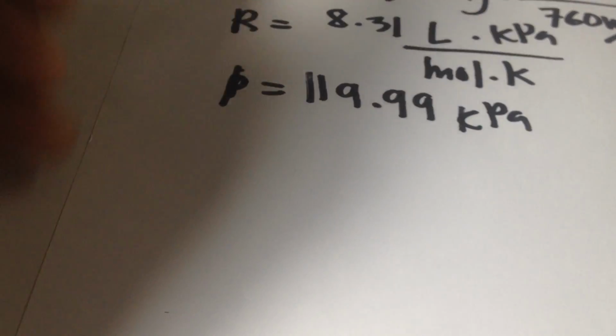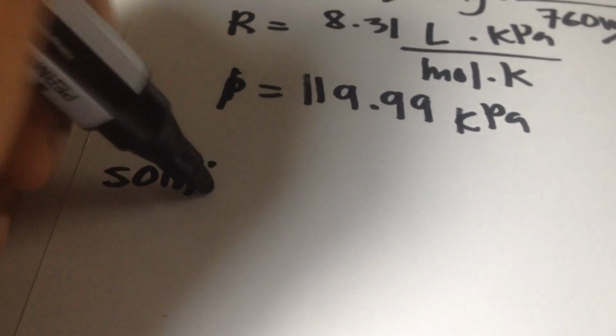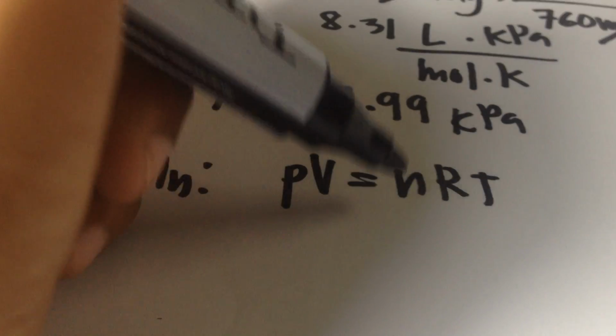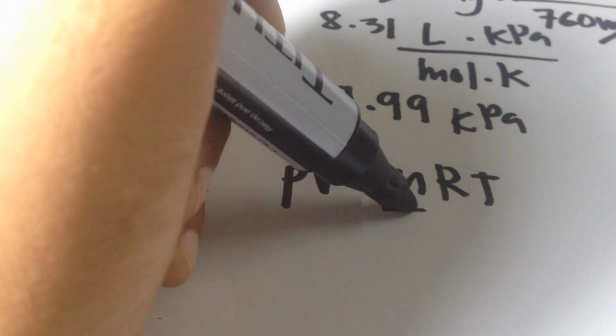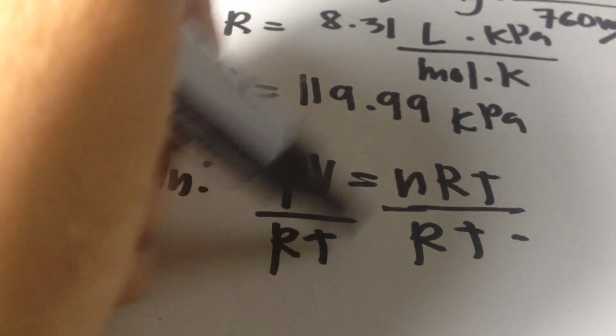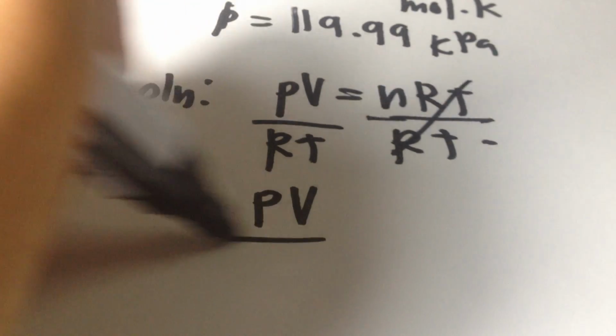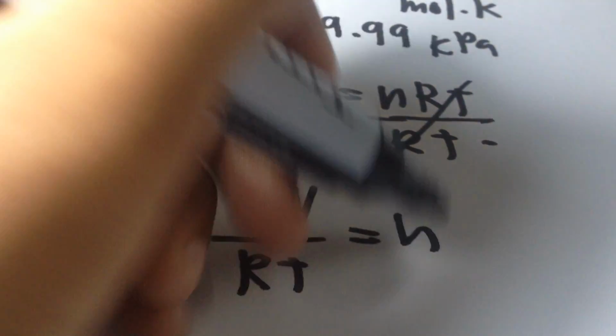So let's use the formula again. PV is equal to nRT. So first thing we need to do is get the moles. So divide both sides by RT. RT here cancels out. So PV over RT is equal to n.